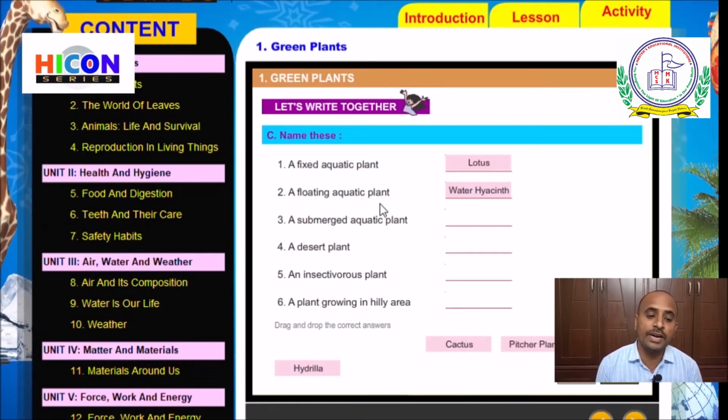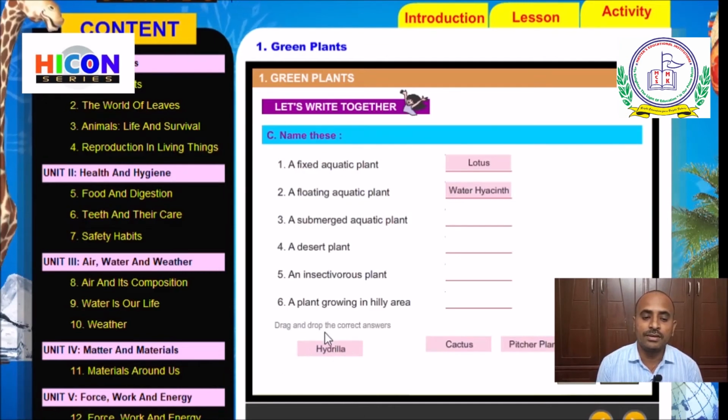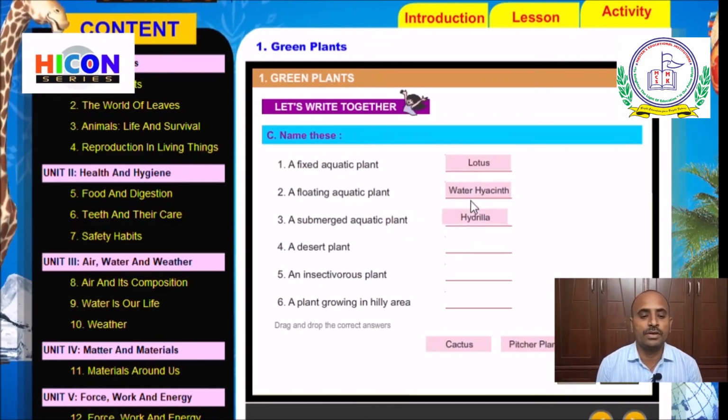That type of plants are called submerged plants. Examples for submerged plants are hydrilla and vallisneria. Here hydrilla is given, so write the word hydrilla in the third sentence. It is a submerged aquatic plant.